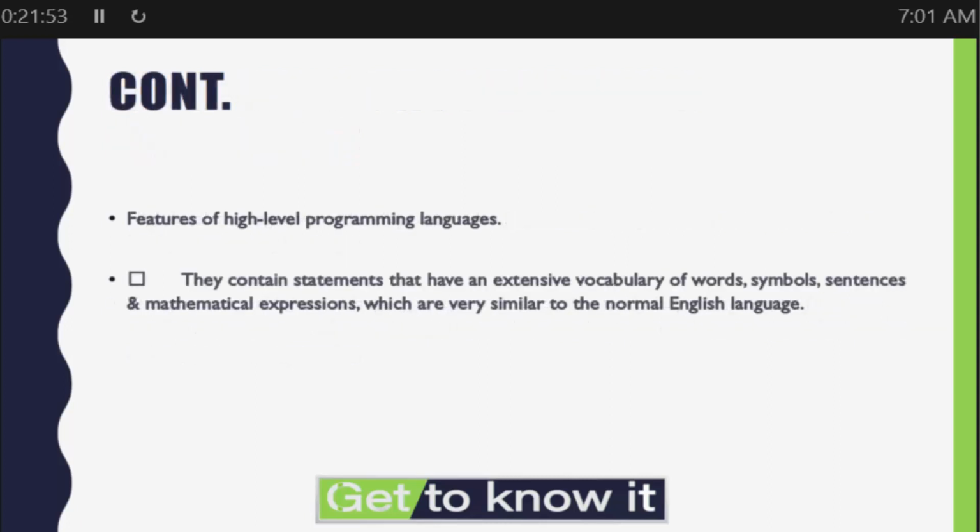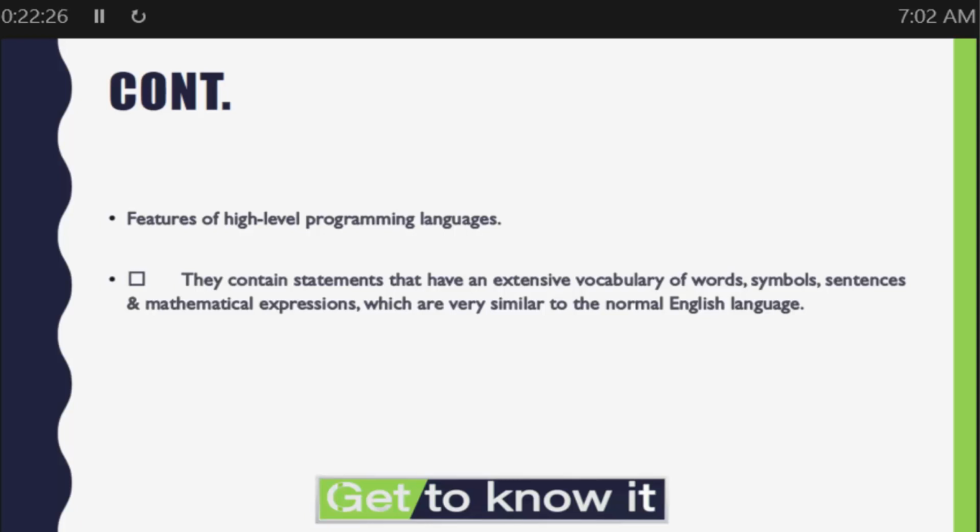What are the features of high-level programming languages? One feature is that they contain statements that use an extensive vocabulary of words, symbols, sentences, and mathematical expressions, which are very similar to the normal English language. We have mentioned that high-level programming languages were developed to solve the problems encountered in low-level languages.